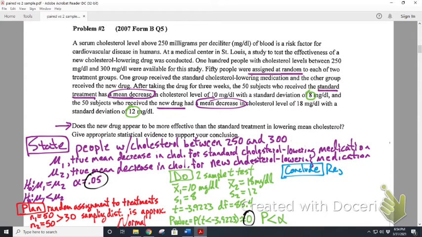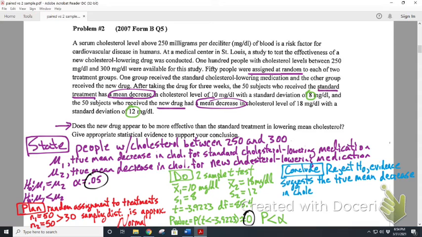Reject H0. Evidence suggests the true mean decrease in cholesterol.